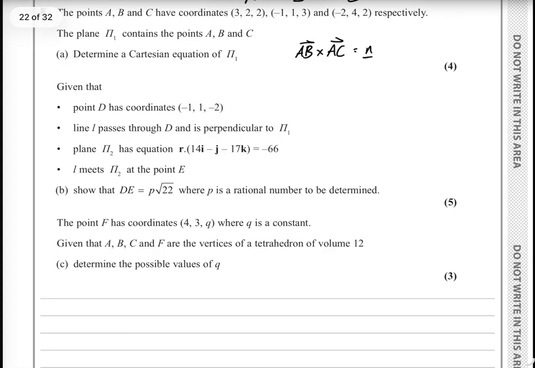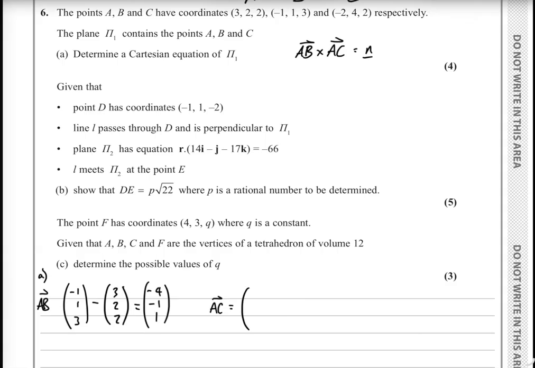So AB would be minus 1, 1, 3 minus 3, 2, 2. That gives me minus 4, minus 1, 1. That's AB, part A. Squeeze that in. And AC is position vector for point C minus the position vector for point A, minus 5, 2, 0.